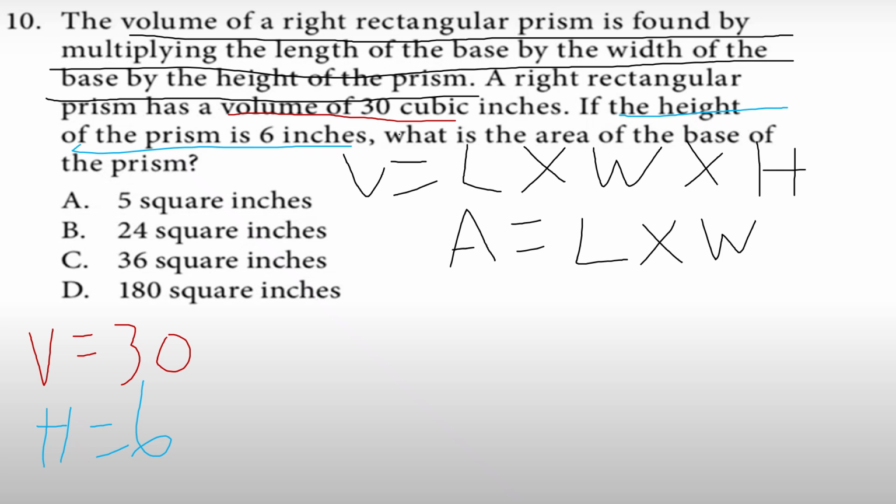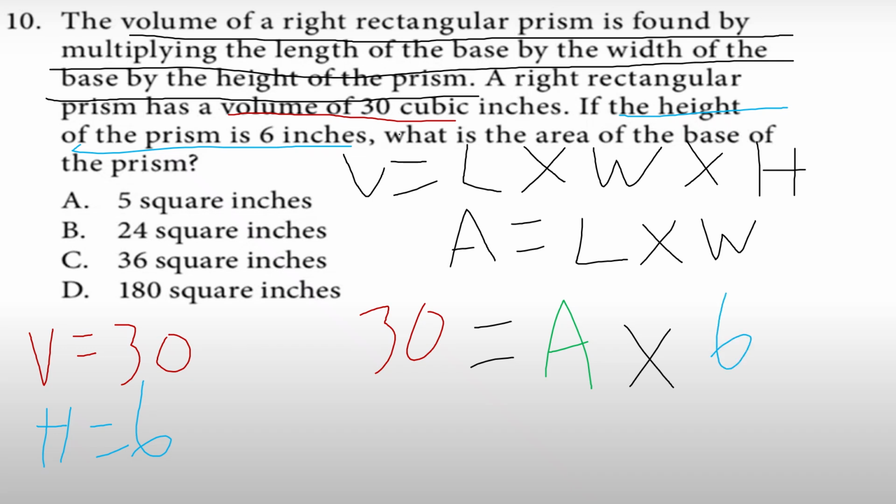Because we know we have to find the area, all we have to do is fill in the numbers that we already have. We have 30 here. That's equal to area, because area is length times width, times, and we know the height is 6.